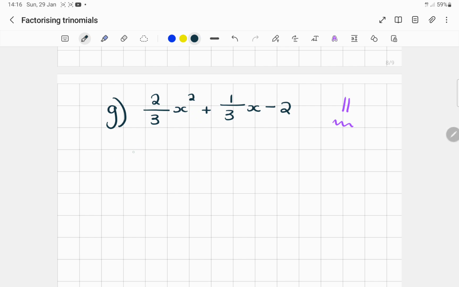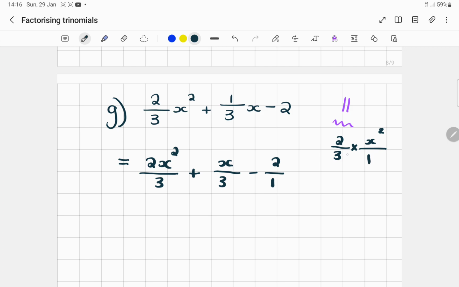So 2 over 3x can also be written as 2x squared over 3 plus a third x can also be written as x over 3 minus 2 over 1.